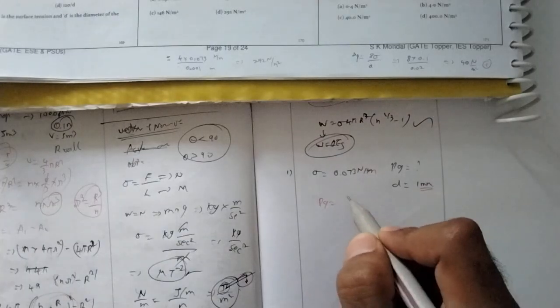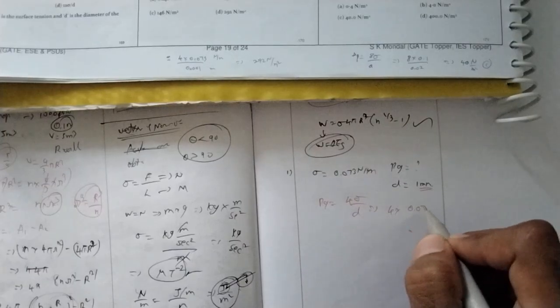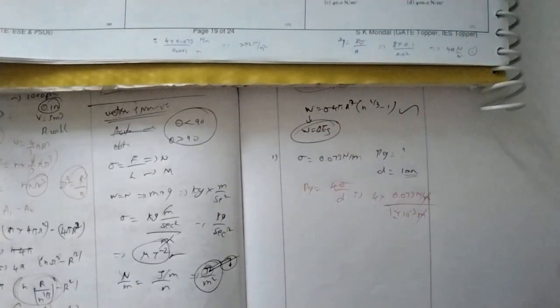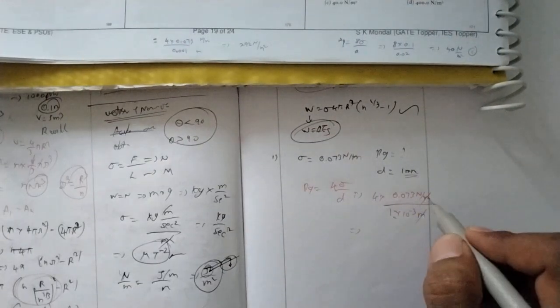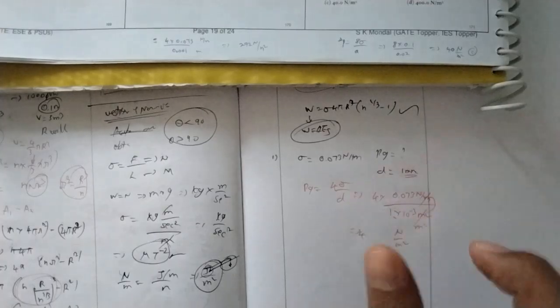So Pg equals 4 sigma by d, so 4 into 0.073 newton per meter divided by diameter 1 into 10 power minus 3 meter. You just multiply and put the answer.